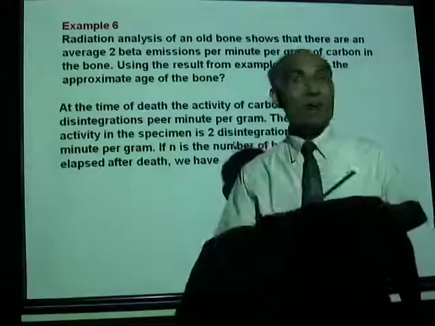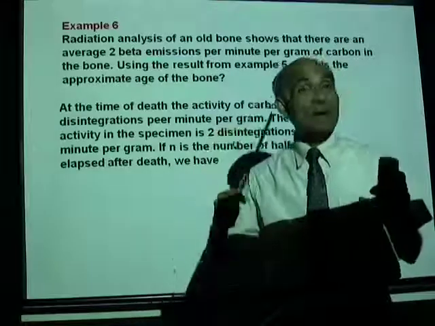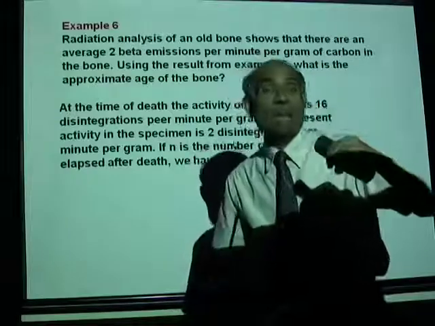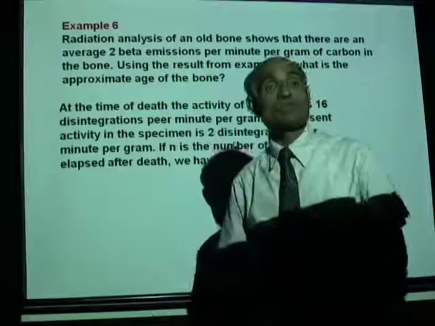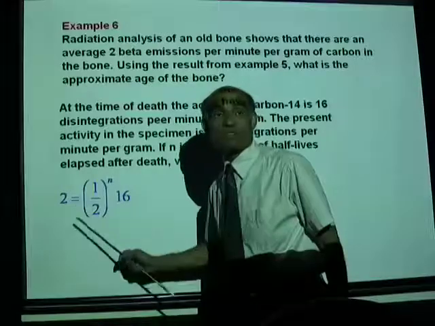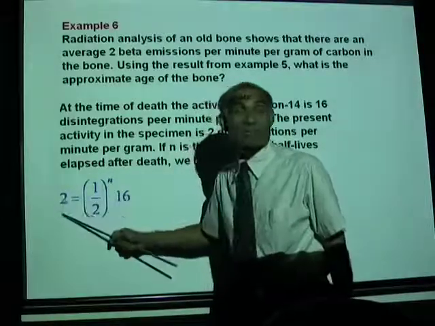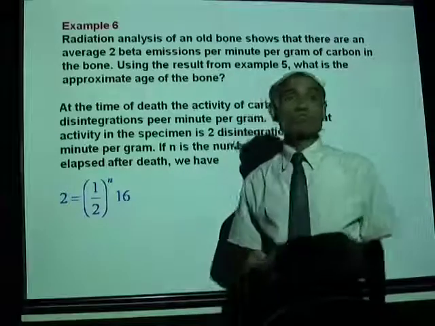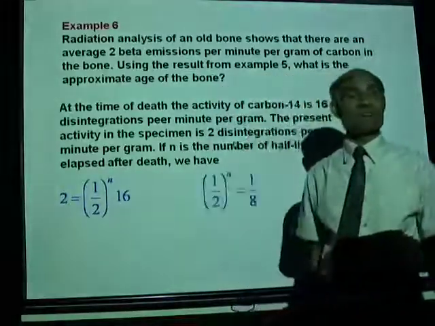We have R_n equal to 1/2 to the power of n times R_0. The rate of disintegration after n half-lives is 1/2 to the power of n times the original rate of disintegration. The rate of disintegration now is given to be 2, equal to 1/2 to the power of n times the original rate of disintegration, which is 16. And you can calculate n from there.